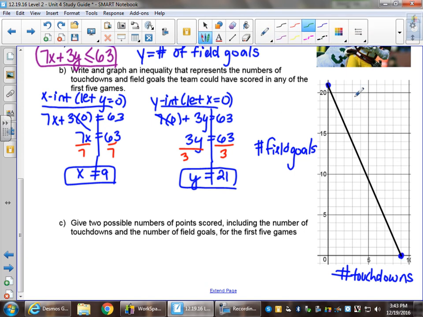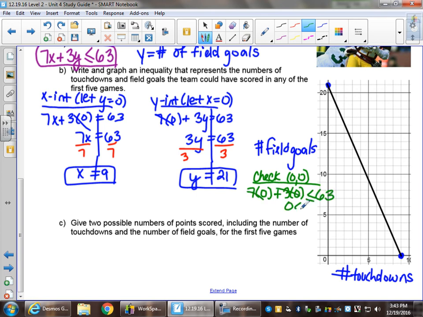Let's check 0, 0. So I have 7 times 0 plus 3 times 0 less than or equal to 63. Make sure you bring back the inequality.